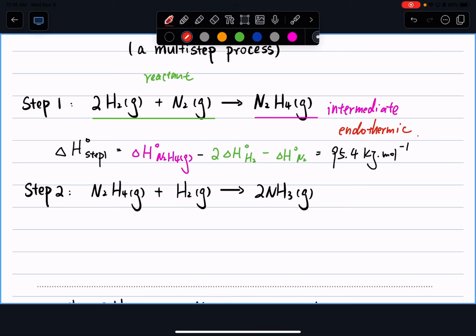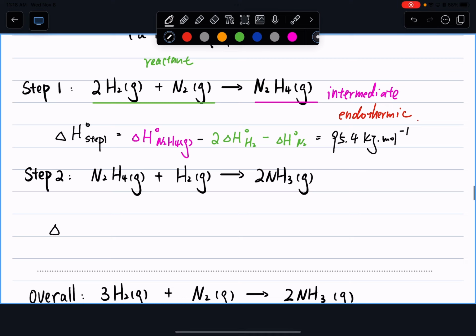And we can do the same for the second step. We'll just do it together. So we have delta H naught, step 2. That is your product, so 2 times delta H naught of NH3, minus your intermediate and reactant.